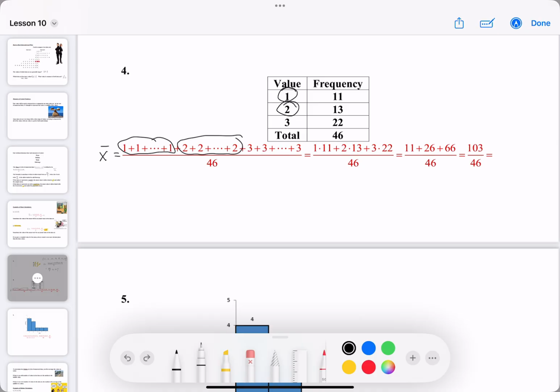Add them together, but we can use multiplication: 11 ones means 1 times 11, 13 twos means 2 times 13, 22 threes means 3 times 22. Adding them together, we have 103. Then divided by how many values are in this data set. The total number of values is 46. So divided by 46, and using a calculator, we got 2.2.